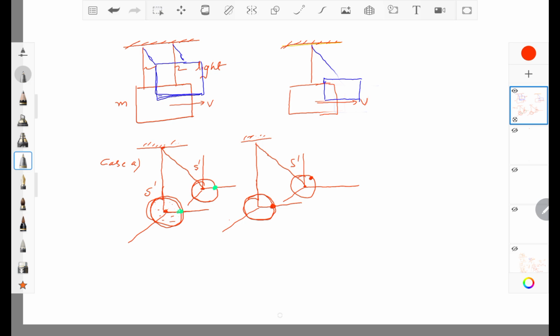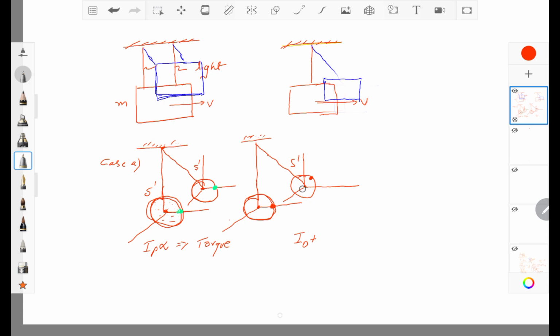Alpha, let's say about P. So we calculate alpha about P, we get I_P into alpha is equal to torque, right? Torque due to mg. Of course, it's retarding, therefore alpha will be negative. Here we write I_P into alpha, but in this case I_P will be I naught plus I naught y, because about this axis, which we have marked as S prime frame, about the x-axis you can see rotation is apparent.